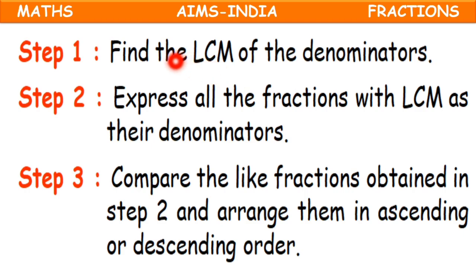Now step 3: compare like fractions from step 2 and arrange them in ascending or descending order. It is simple now. As we have all like fractions, they all have the same denominator, that is the LCM. We can compare them easily and arrange in ascending or descending order.